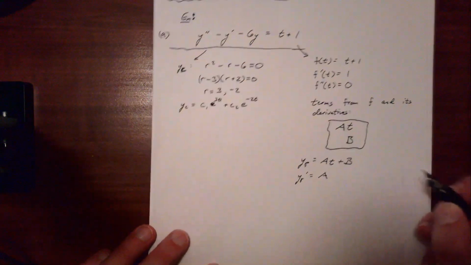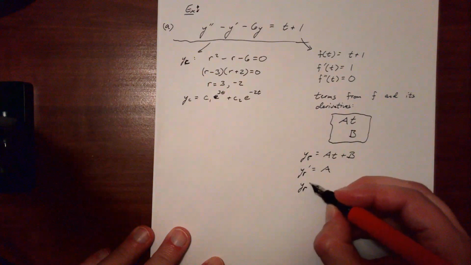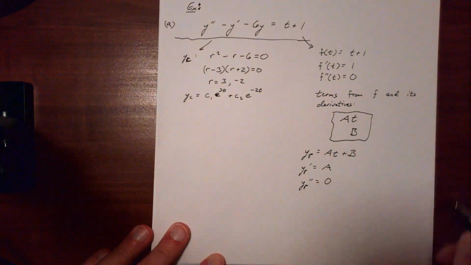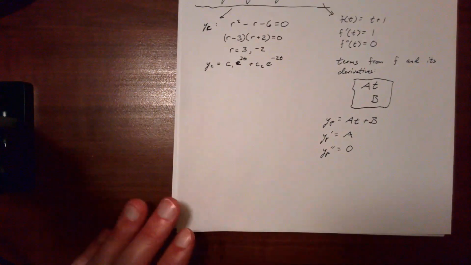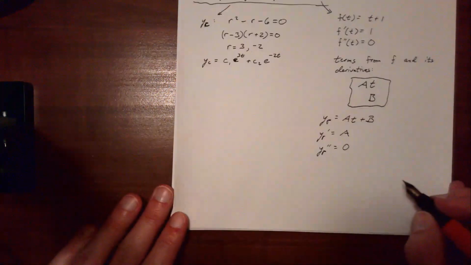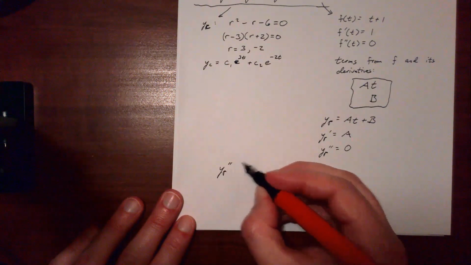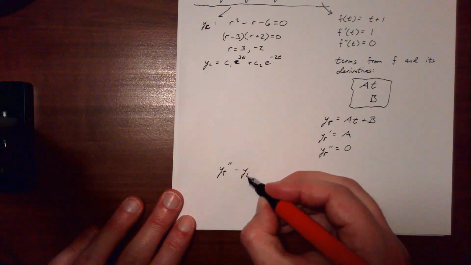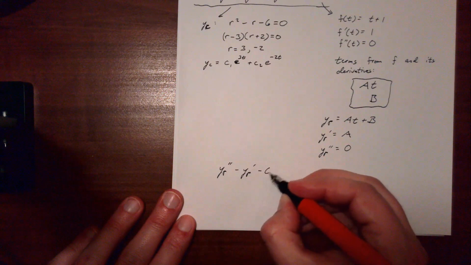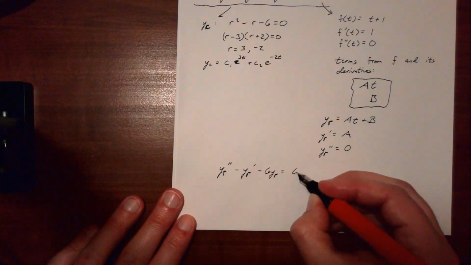It looks like that'll just be equal to a, and yp double prime will just be 0. So I'm looking for the values of a and b that will make this satisfy this equation here. So yp double prime minus yp prime minus 6yp is supposed to equal t plus 1.